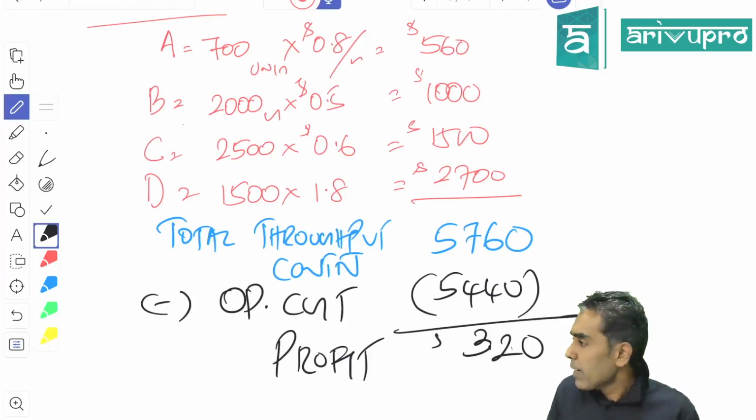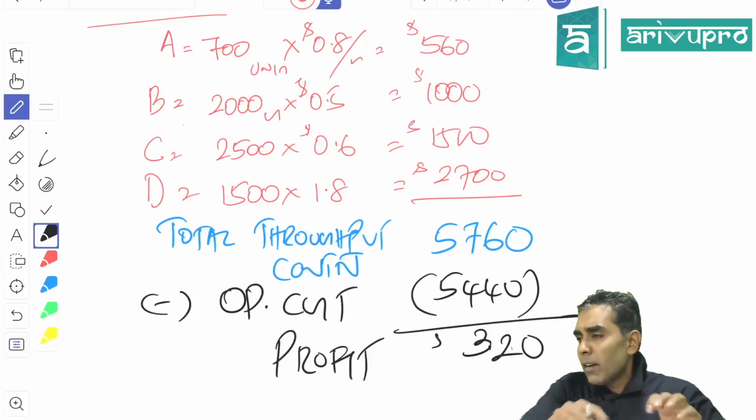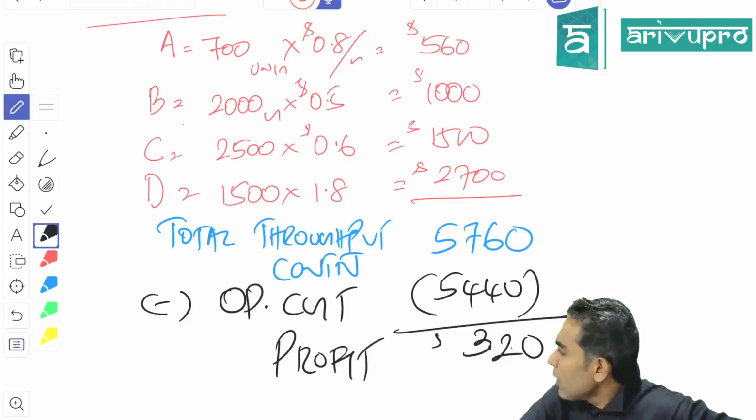Now the second part of the requirement, we have to calculate the throughput accounting ratio. TA ratio, we can calculate for all four products individually if you want. How?